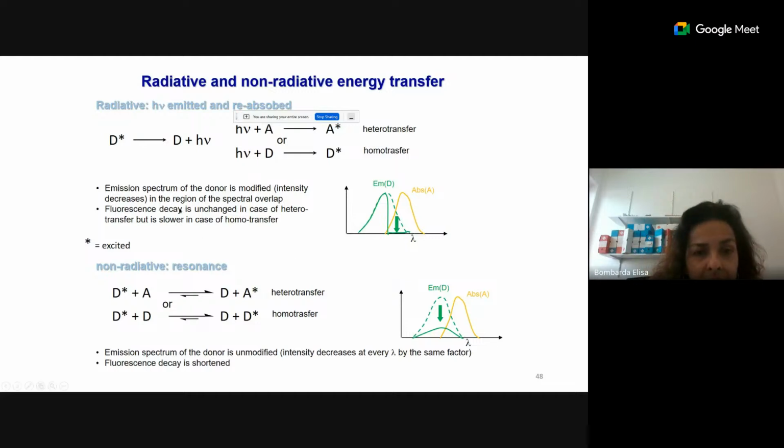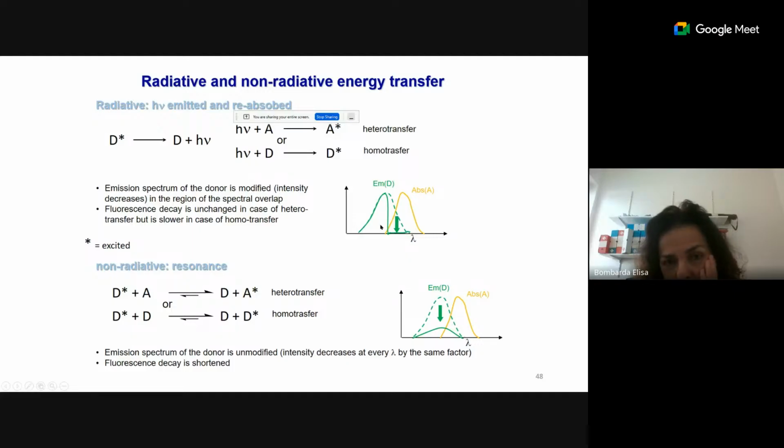So in case we simply practically reduce the concentration of the donor, but the donor that emits anyway, and since the lifetime does not depend on the concentration, the lifetime practically stays the same. The donor.